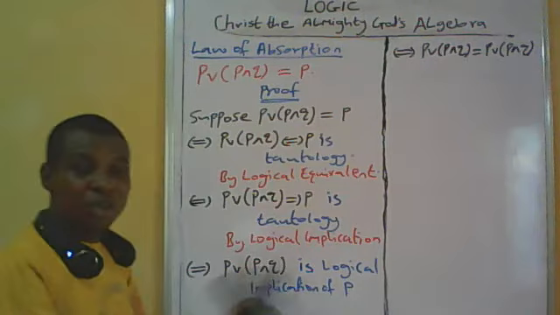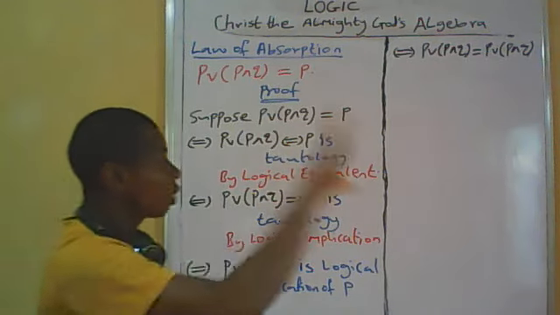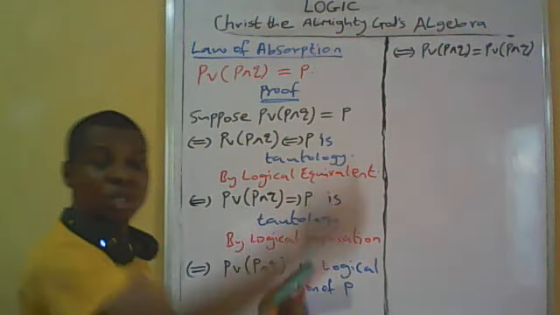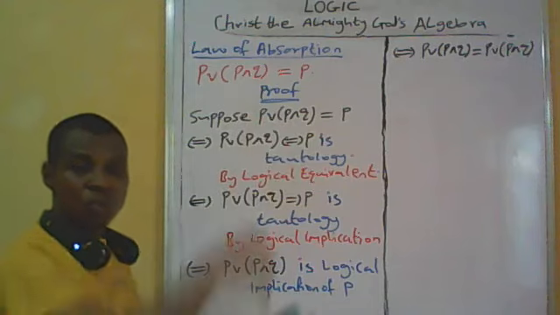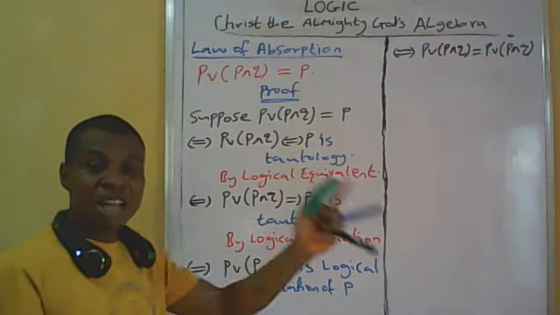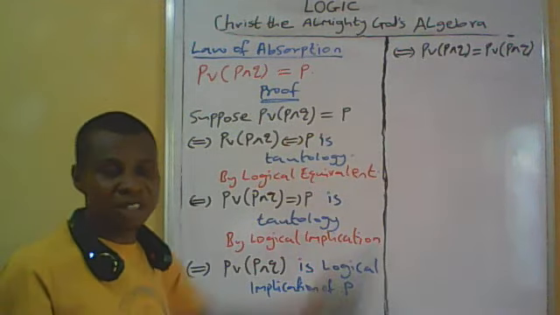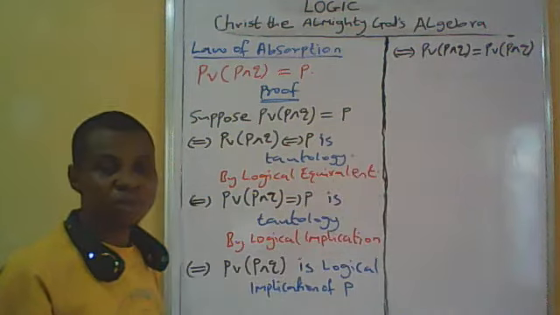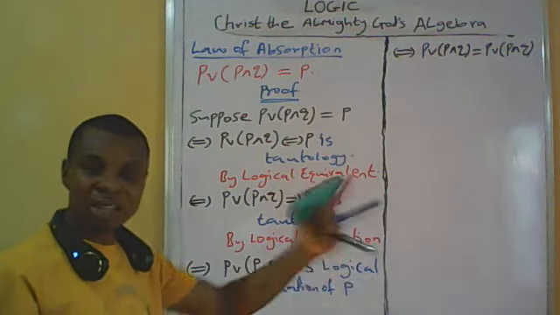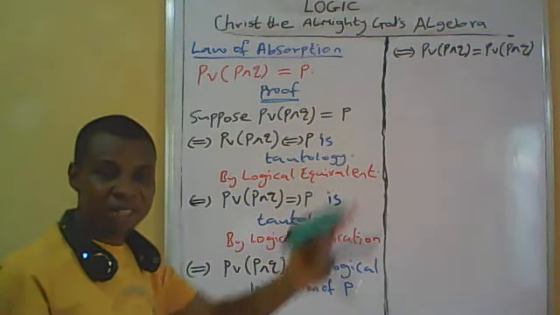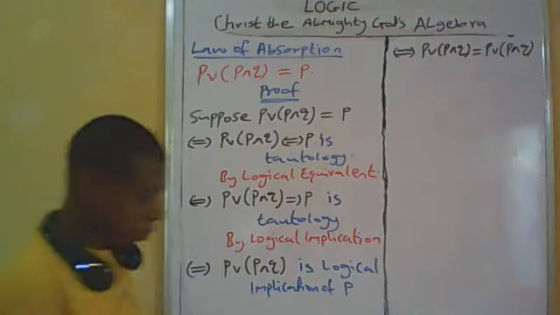In the same vein, whenever the right-hand side of logical implication is false, the left-hand side is also false. We say that they are logical equivalents. I mean, they are equal. So it is true that they are equal, being justified by identity. That means the sameness.